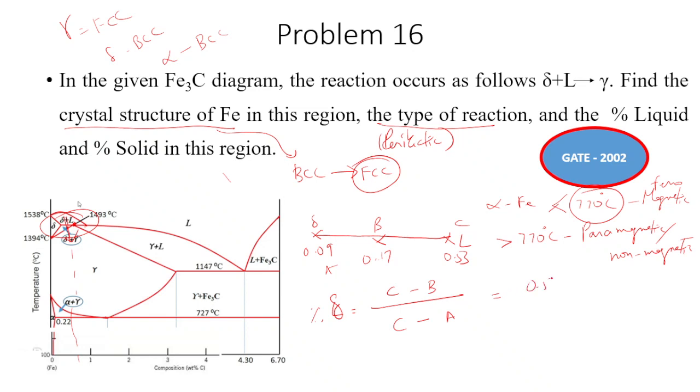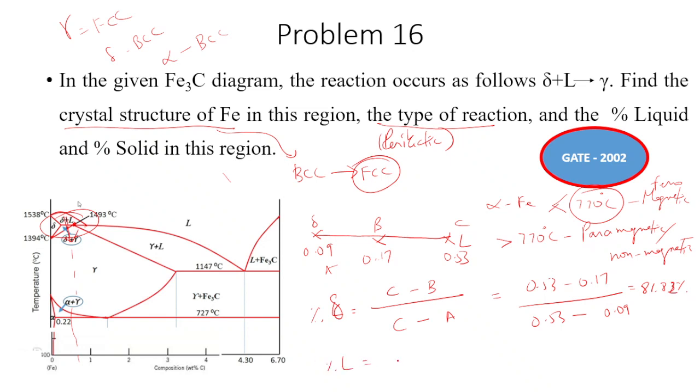It is 0.53 minus 0.17 divided by 0.53 minus 0.09. So your answer would be 81.82. Very good.